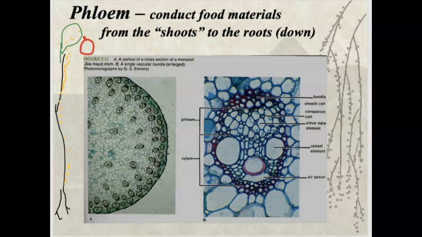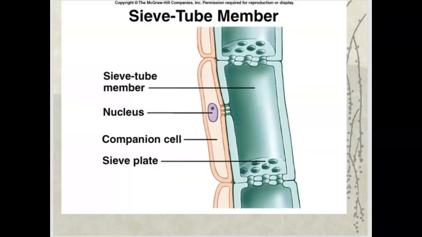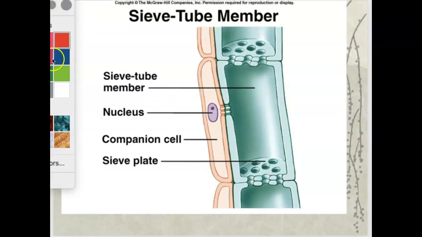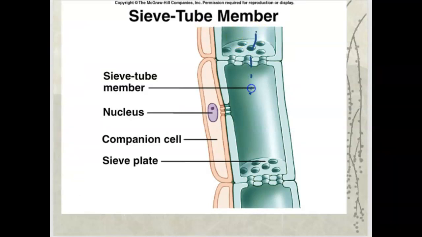As phloem is draining down, the supporting structures for phloem are called sieve tube members. These are the specialized cells that focus on moving phloem. Again, we think about phloem moving in a downward direction.